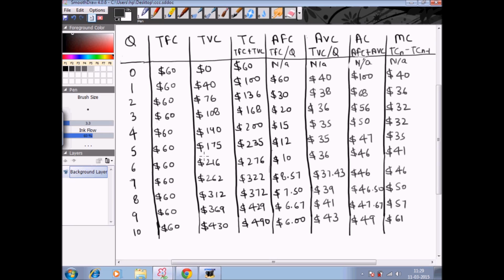So these were the various costs which we have to analyze in the short run. Now you must be wondering why we should go for such a tedious calculation, what benefit it would give to a producer in order to calculate all these costs.